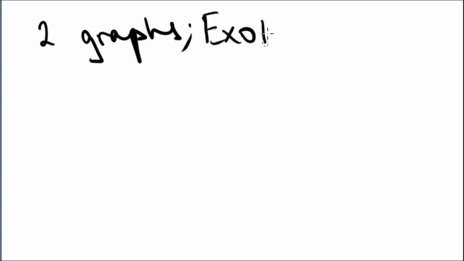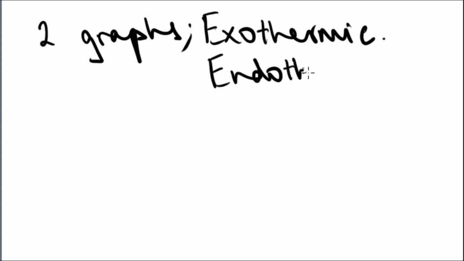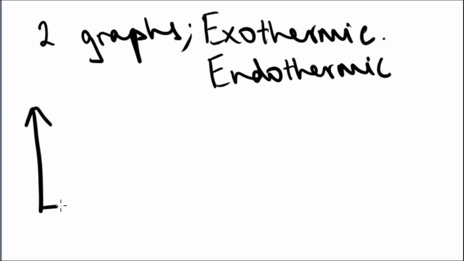Okay, there are 3 graphs that you need to know how to draw, but starting with 2: one graph for an exothermic reaction and one graph for an endothermic reaction. Again, I'll remind you, exothermic is loss of heat energy, endothermic is gain in heat energy. So we have 2 graphs, energy in kilojoules over time.